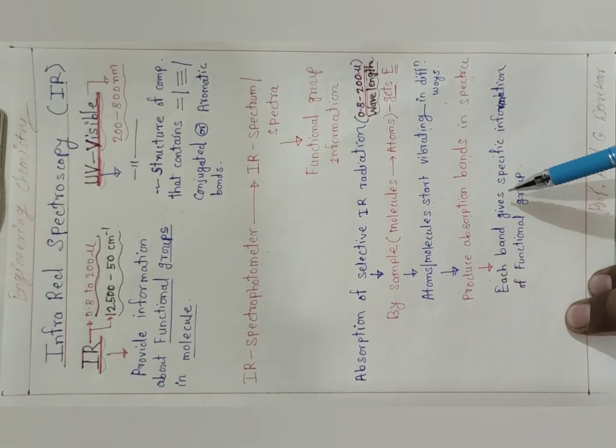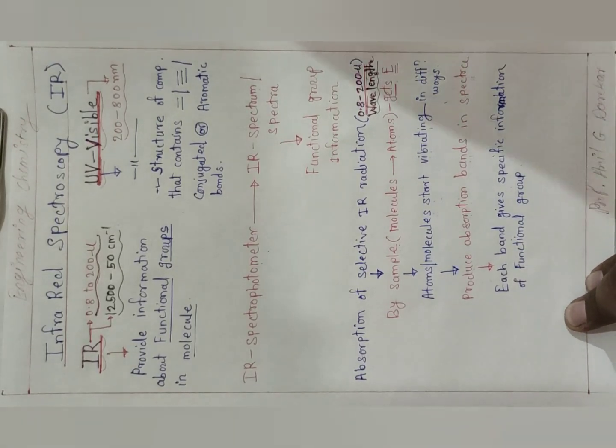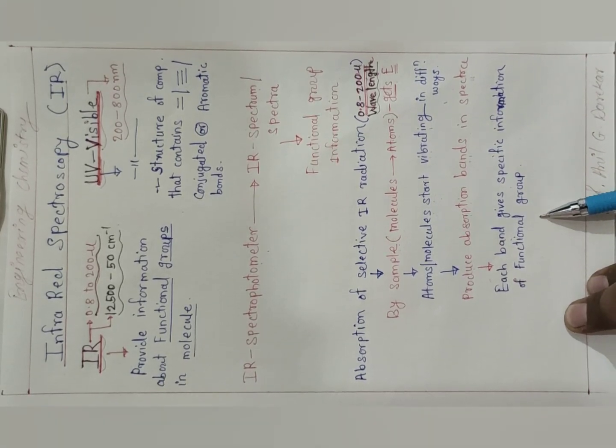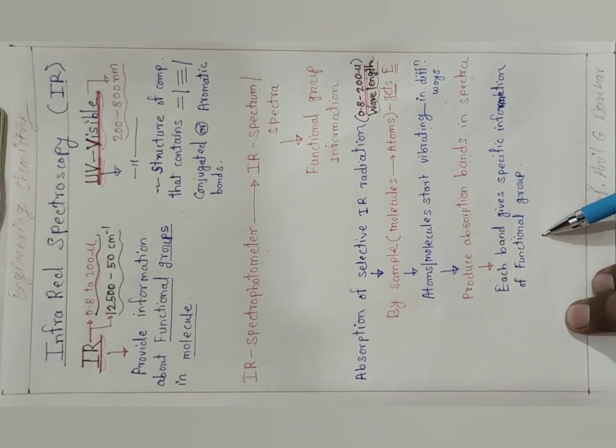Each band gives specific information about the functional group present in the molecule. Each band, or you can say each peak, gives information about the functional group present in the compound. In this way we are able to find which type of functionality is present in the compound.